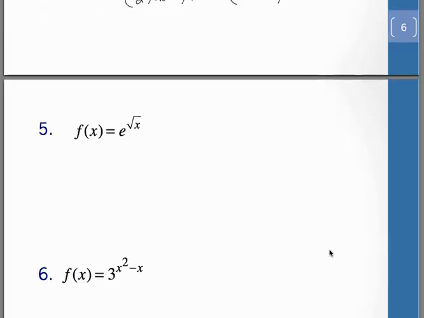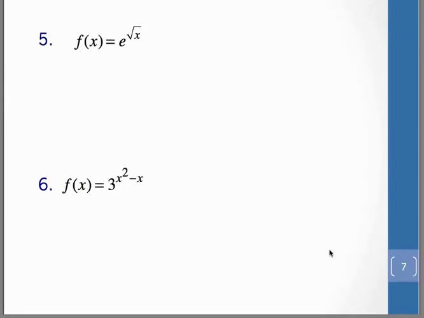Couple more before we get to our example application problem. So for this one, let's think of it as e raised to the x to the 1/2. Kind of a super chain rule problem. All right, so think of it as the rule for e to the u. It is a chain rule. So we'll have to keep the function as it is.